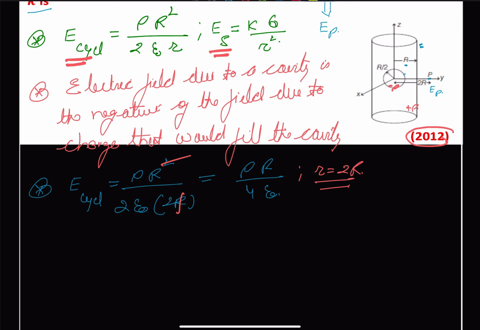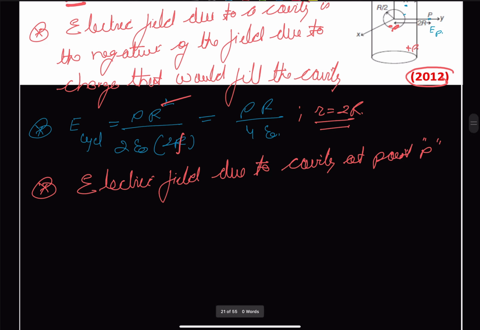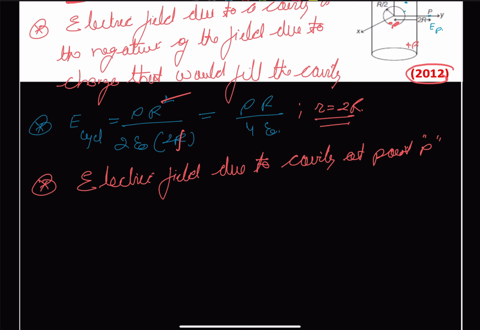And we come to the next part, that is the electric field due to the spherical cavity at point P. Electric field due to cavity at point P, and the distance of point P from the center is given to us as 2r.